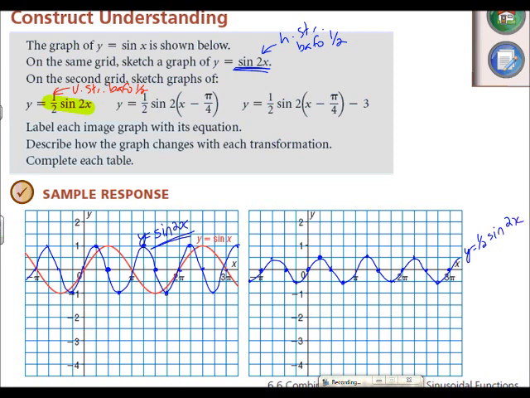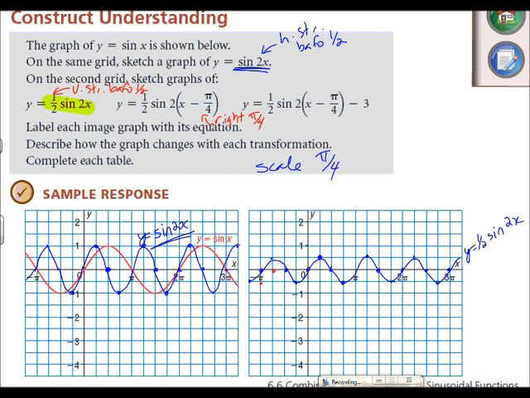The next one, same graph, but we are going to move it right pi over 4. So take every one of those points, move it over pi over 4. First thing you want to do is see what is the scale on our graph anyways. Here's where pi is. Pi is broken up into 4 spots. That means our scale is pi over 4. That's what every tick mark is worth. So we're moving it over 1 tick mark.